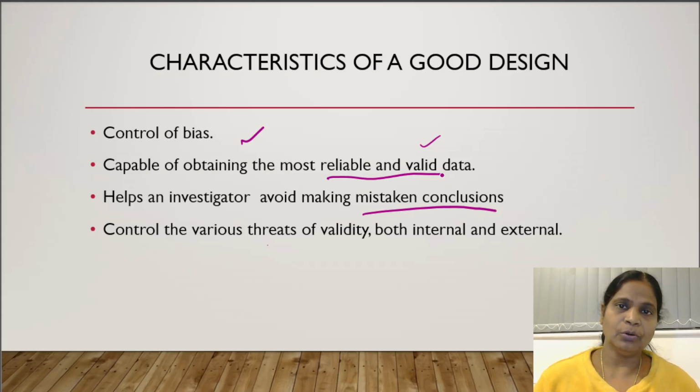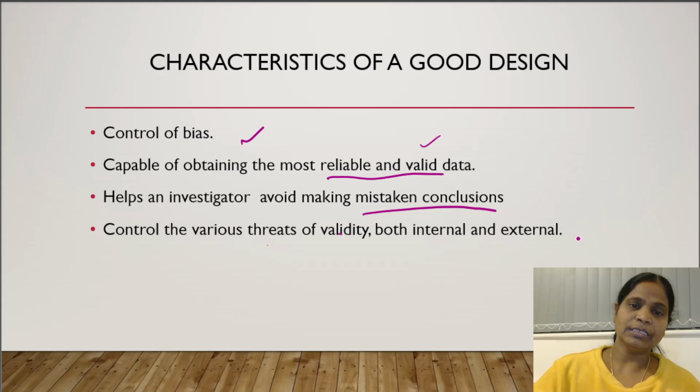These can be controlled by selecting a good research design. It controls various threats to validity, both internal and external. This will be possible by selecting a good research design.